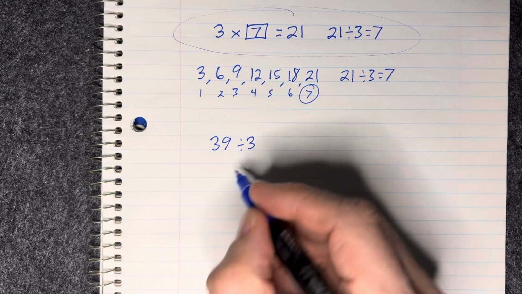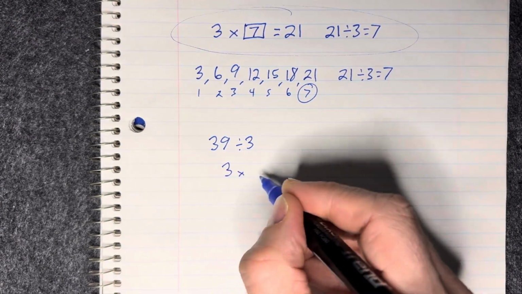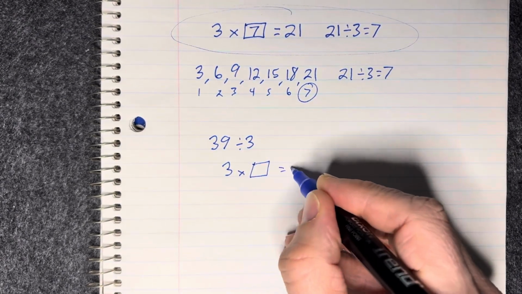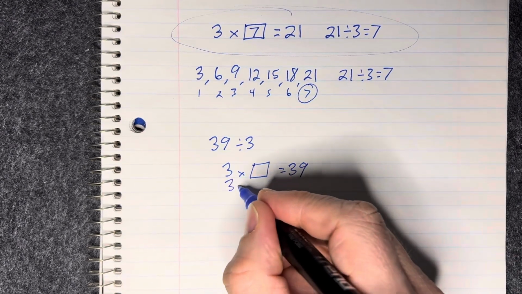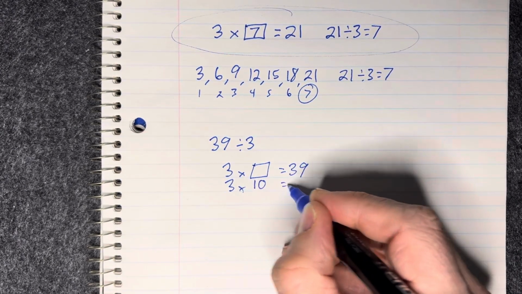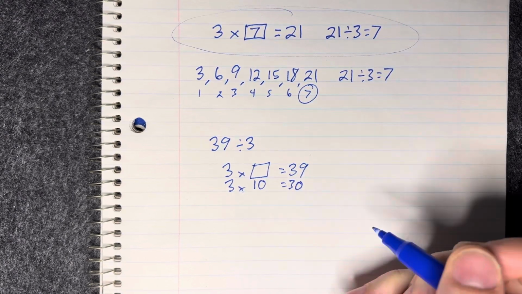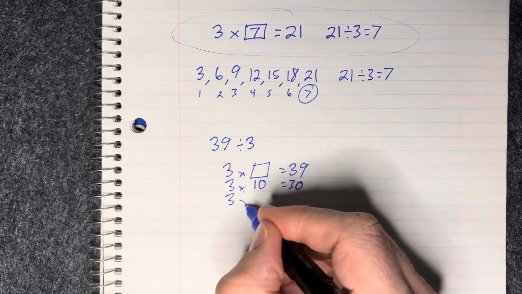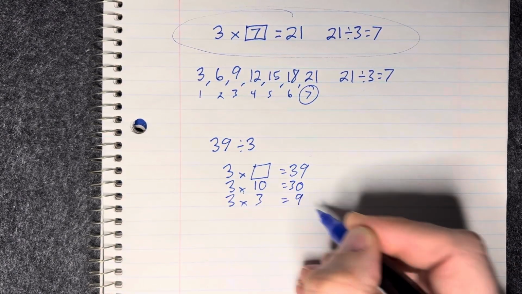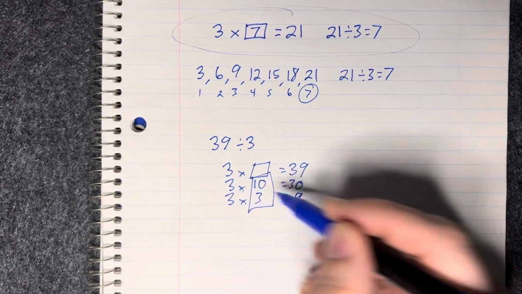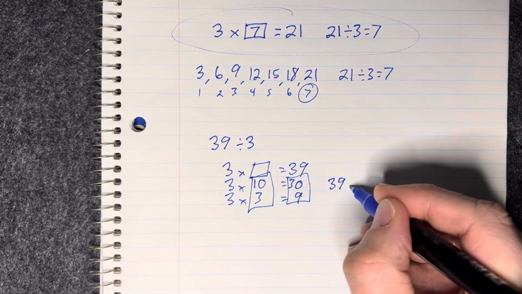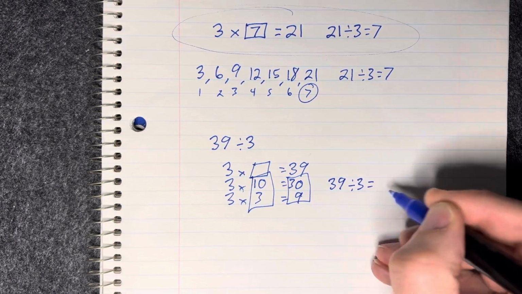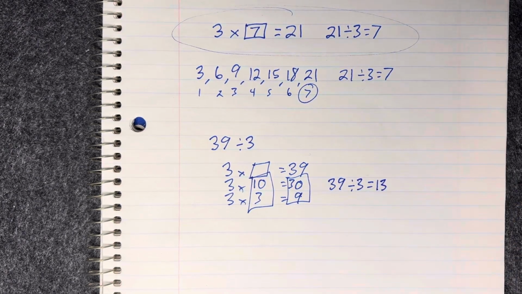But one of the good tricks is that you're looking at 3 times something equals 39. Very quickly, you know that 3 times 10 equals 30. That means you only have 9 remaining, and you know 3 times 3 equals 9. If you add those 2 up, you get 39. So 39 divided by 3 equals 13.